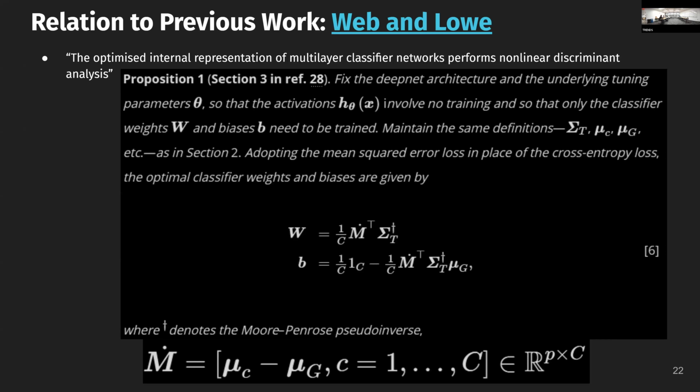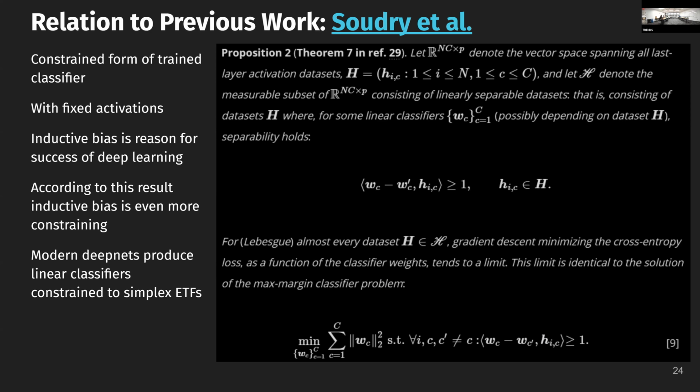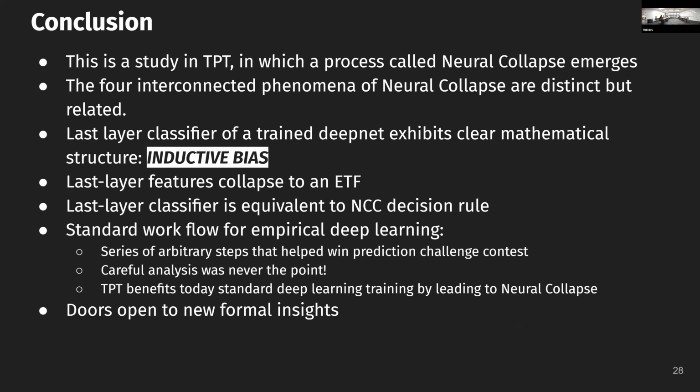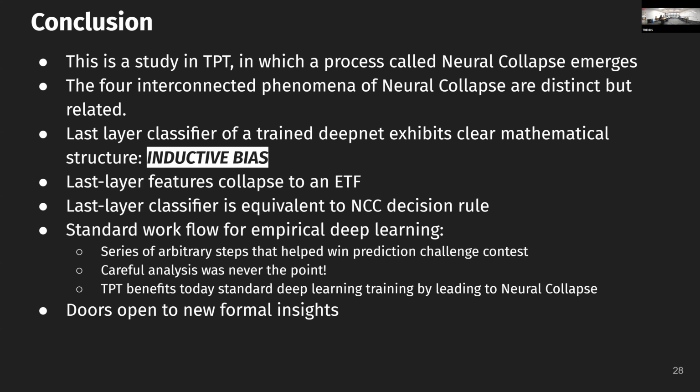They also described it through nonlinear discriminant analysis, showing that multi-layer classifier networks are basically doing NDA. They align this work with what those previous works have shown, so that it's completely compatible with those theories as well. They do go a little into exactly how the simplex emerges, but I didn't look at the proof for it. I think it would be good to look into them and also clarify some of their notation, but just for the sake of time, we'll summarize here.